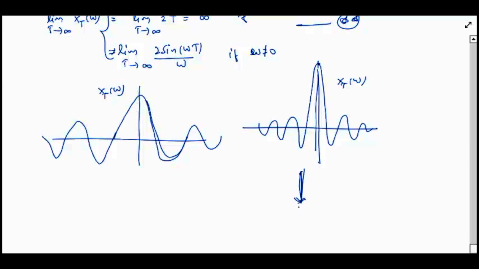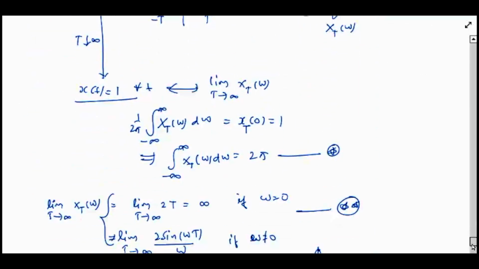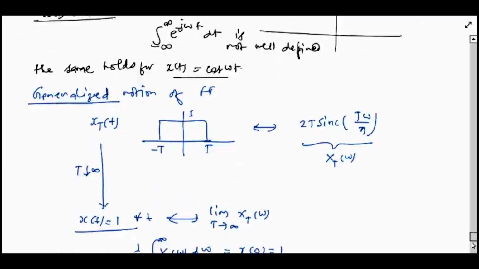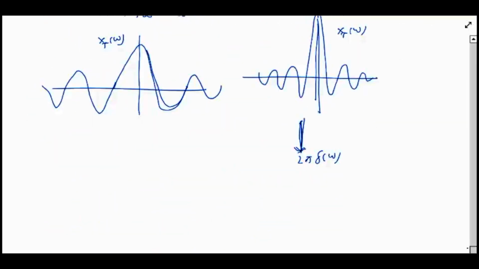More precisely, it converges to 2 pi delta(omega). See, the 2 pi here comes from the fact that the integral of X_T(omega) over omega is equal to 2 pi for all values of capital T. That gives rise to this 2 pi delta(omega). So from the above we can conclude that this constant function has Fourier transform 2 pi delta(omega).